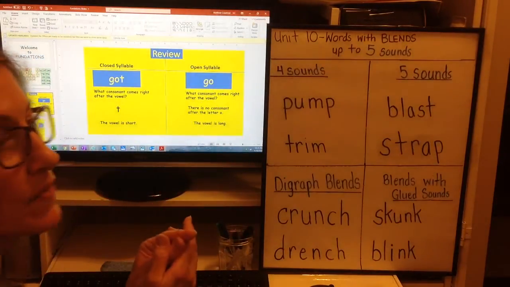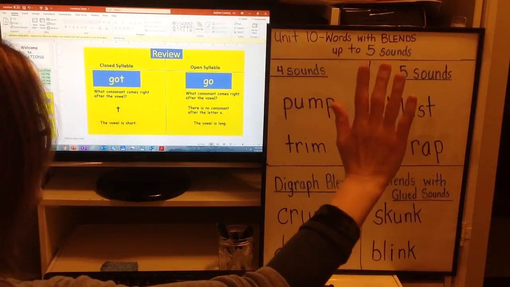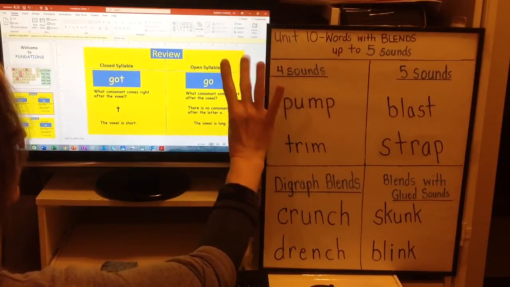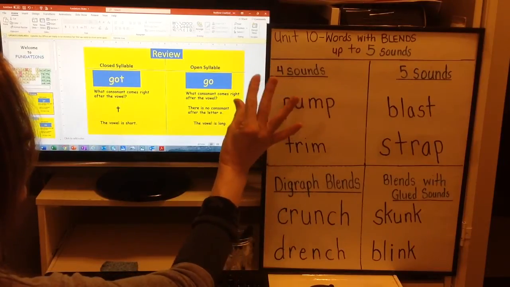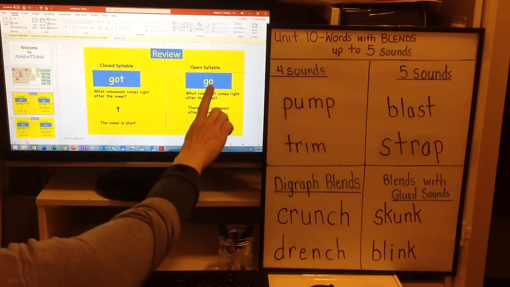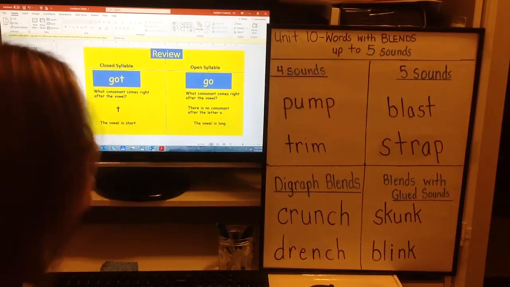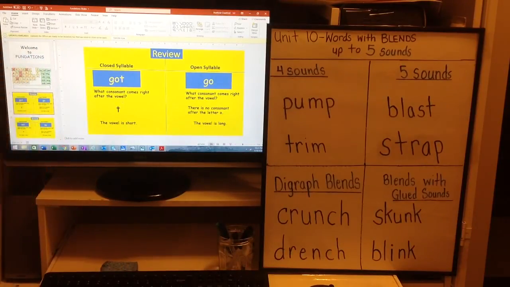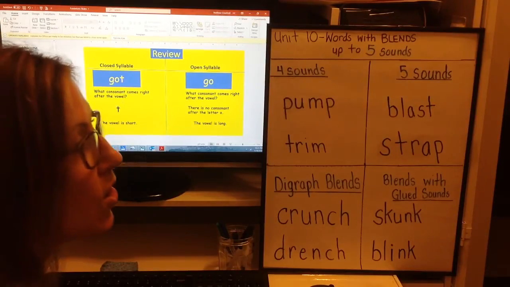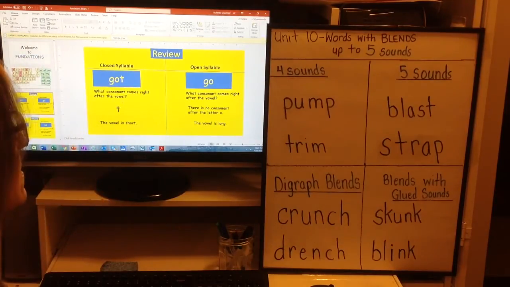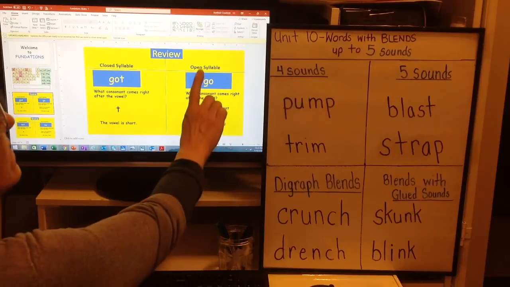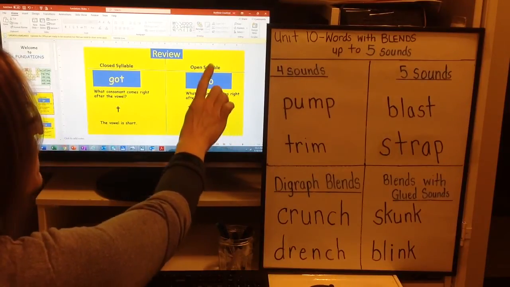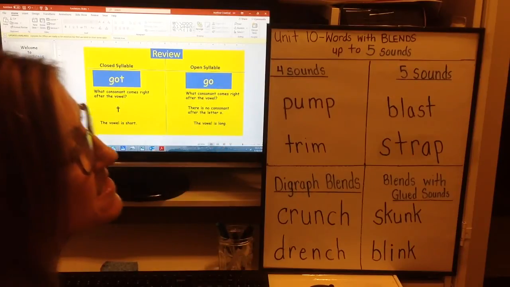So let's tap out this word together. Elbows up. G, O, go. Okay? Now, what vowel sound did you hear? That's right. You heard the long O sound. Okay? So when you have an open syllable, like the word go, the vowel will say its name.